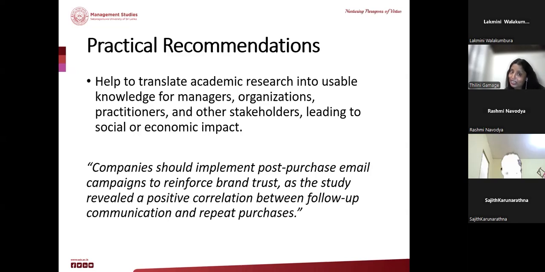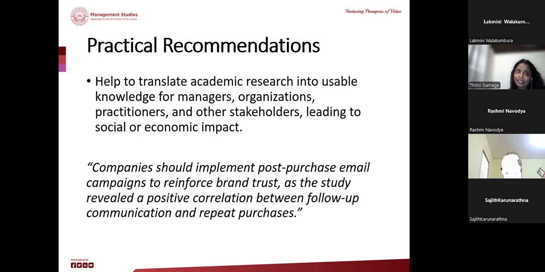But don't think that academic research is all about theory building. It's theory oriented. But in your research, based on your findings, you should be able to translate the academic research into useful knowledge for the industry practitioners. So that's very important. And that matters a lot.